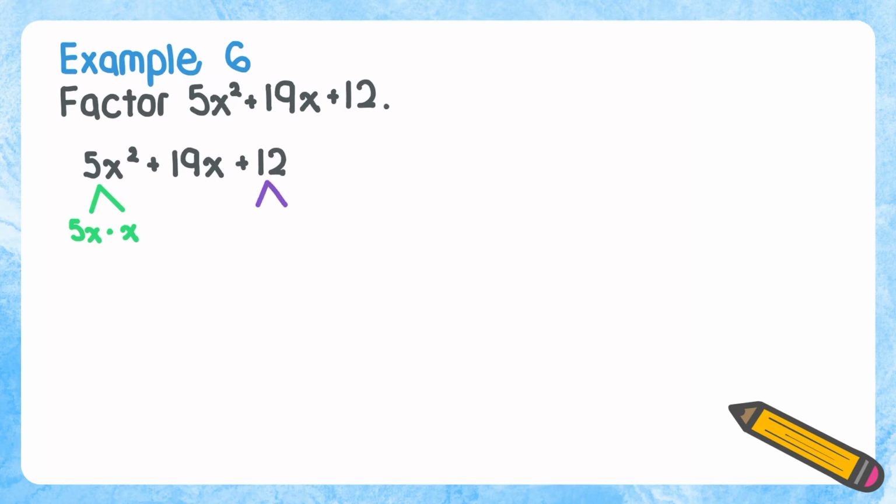And then the 12, this is going to break into, we have a few options. 1 times 12, 2 times 6, or 3 times 4. So let's see which option allows us to obtain this middle 19x. Okay, so let me write out the general form with the 2 parentheses, or like 2 sets. Okay, and then 5x and the x, 5x plus something, x plus something.